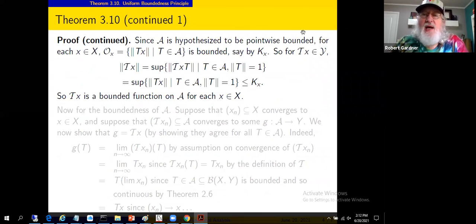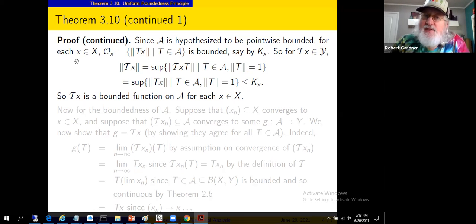Okay, we've hypothesized pointwise bounded. So for every x, the set O sub x, so pointwise boundedness of calligraphy A, that means O sub x is the norm of T of x, where T ranges over calligraphy A. This is a bounded set.